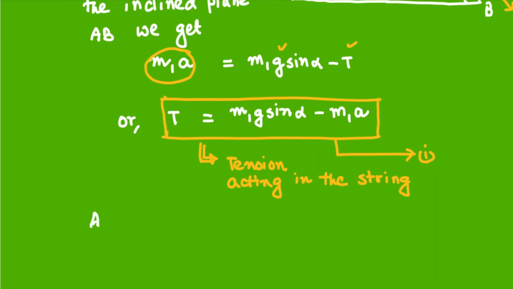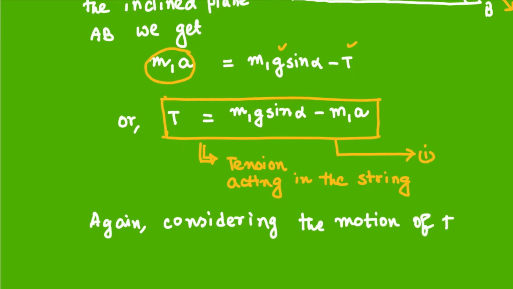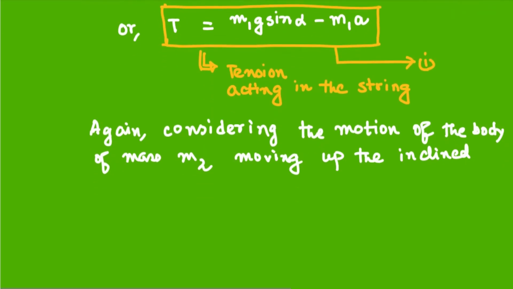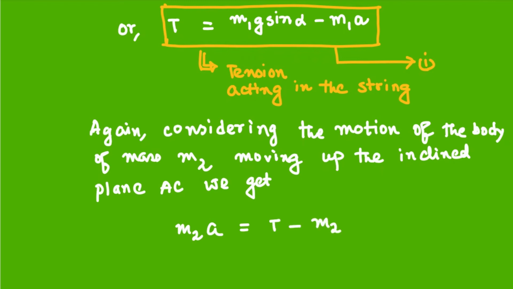Again, considering the motion of the body of mass m2 up the inclined plane AC with angle of inclination beta, we get the net upward force acting on this body is m2a, and it is also equal to T minus m2g sin beta.